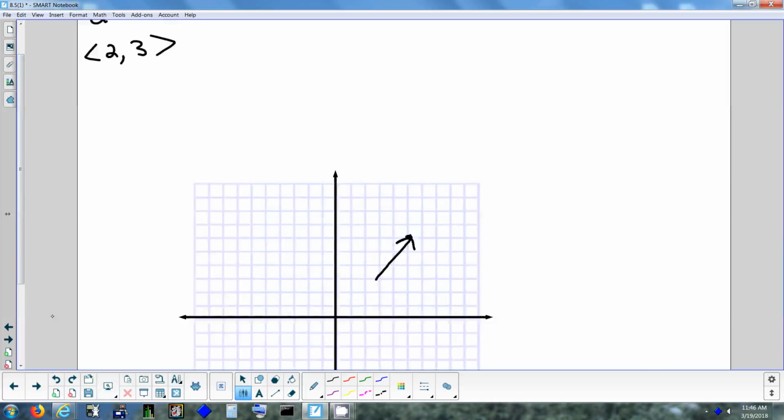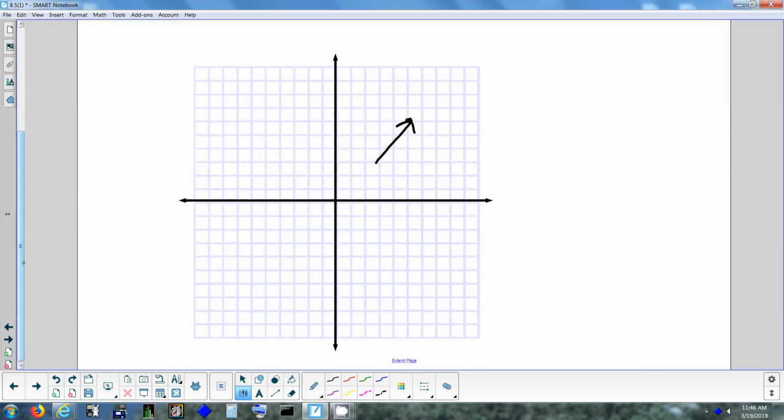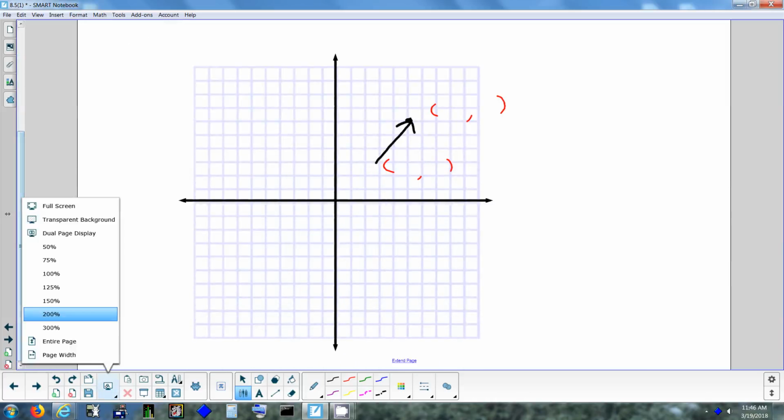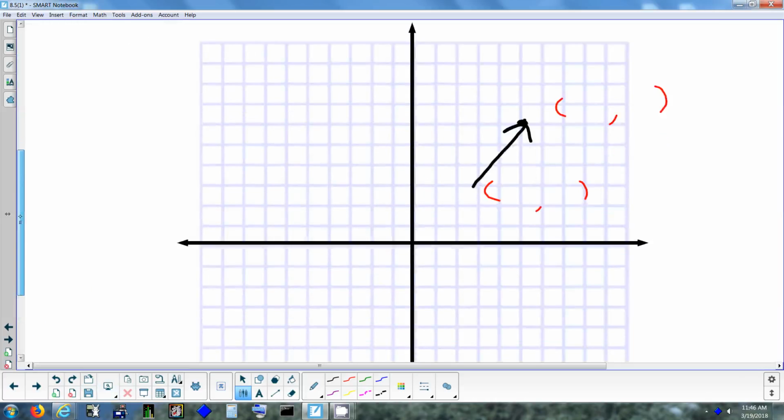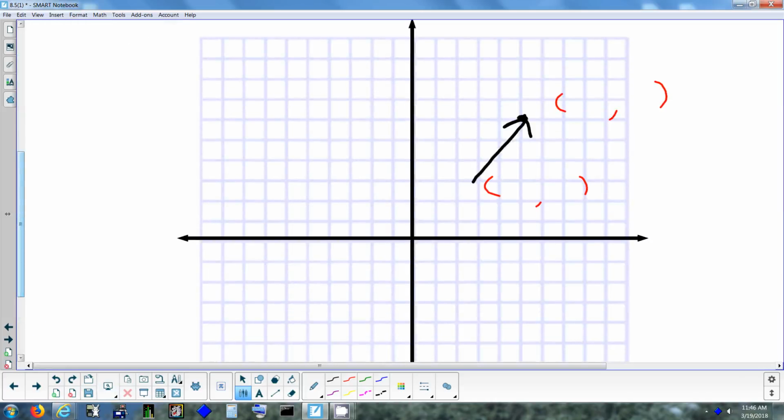So, what I need to do is write the coordinates of these 2 points. Let's start with the initial point. Matt, what's the coordinates of my initial point? 3, 3. Yep, 3, 3.